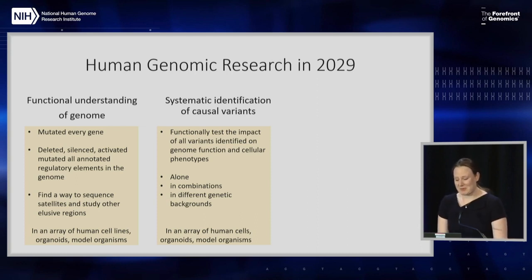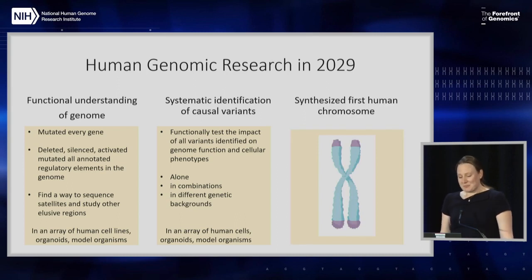I also think by 2029, somebody will have synthesized the first human chromosome. And you may think, why would we want to do that? But if you think about it, trying to read the genome really revolutionized our ability not only to just sequence the genome, but also to study it. And that's got us this far. And now we're using genome editing to manipulate genomes.